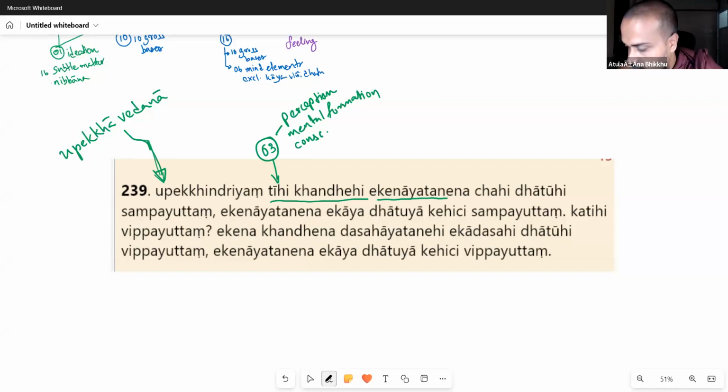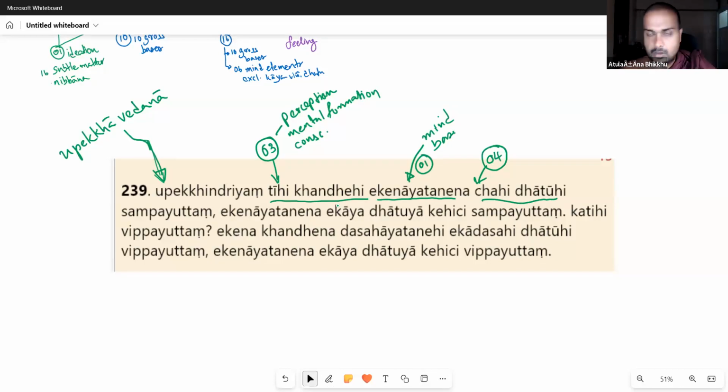The other part is quite easy. Ekena ayatanena sampayutta. So ekena ayatanena means the mind base, right? Manayatana. That's one. Then chatuhi dhatuhi sampayutta, associated with four elements.